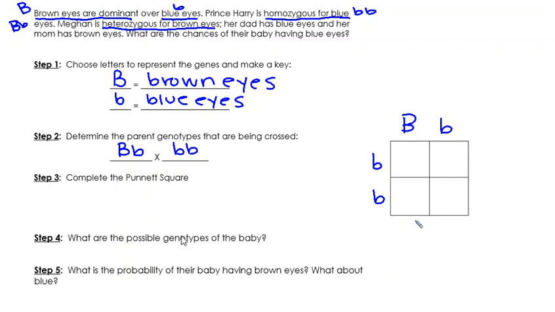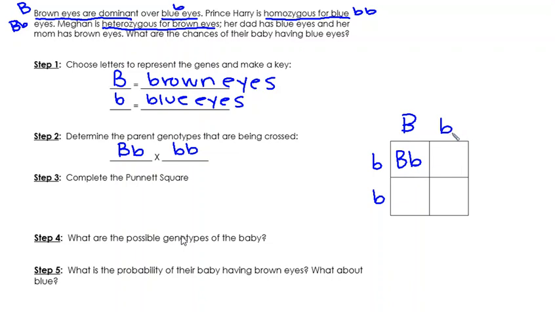So what we'll do is fill out the Punnett square to see what are the possible combinations of the kid. Meghan can pass down a big B, and Prince Harry can pass down the little b. So there's a chance for the kid to be big B, little b, or heterozygous for brown eyes.